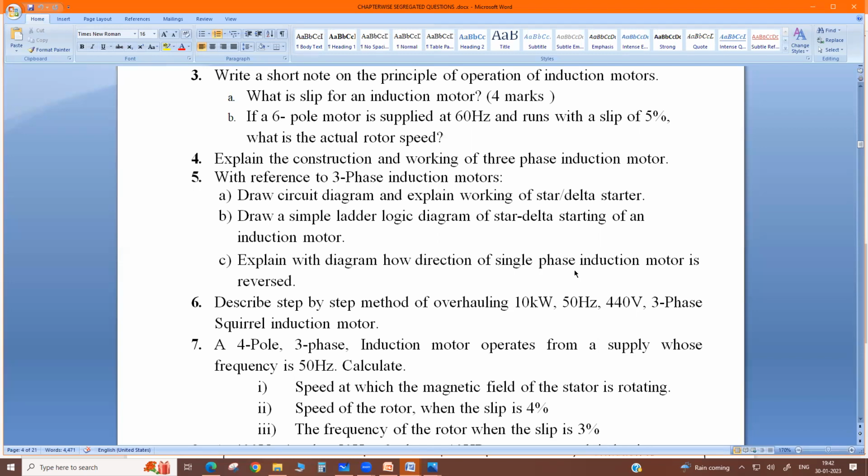But mostly we prefer the one in which the capacitor is connected. Suppose it is a resistance split phase. Here it is not asked, it is a capacitor start. Maybe it is a simple resistance split phase, meaning there is no capacitor. So either we reverse the polarity of the starting winding or the running winding, meaning the main winding or the auxiliary.